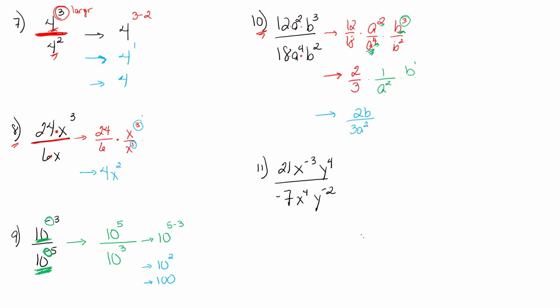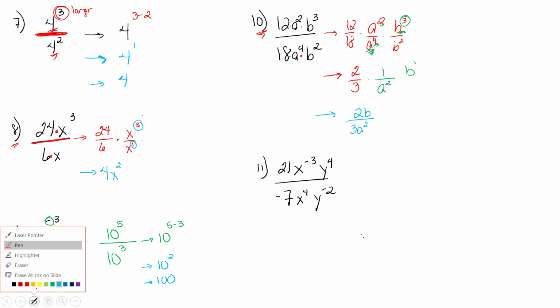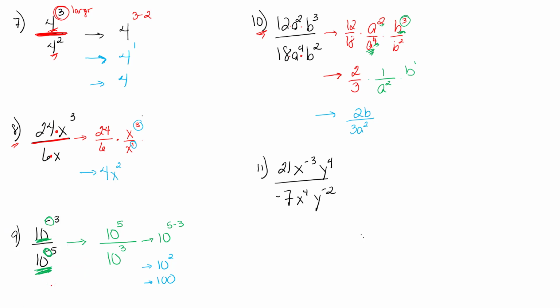If you said move those negative exponents, you're absolutely right. I do not want to deal with negative exponents because it's hiding the real problem. So the 21 has no negative exponent. It stays where it is. This x has a negative exponent, which means it goes on the bottom. This y, no negative exponent, stays on the top. This negative 7 does not have a negative exponent, so it stays on the bottom.